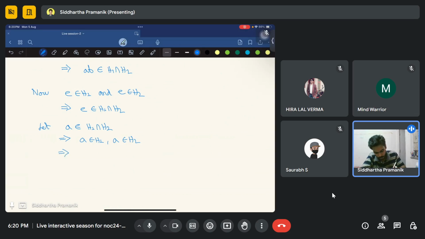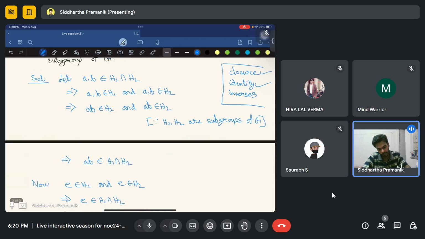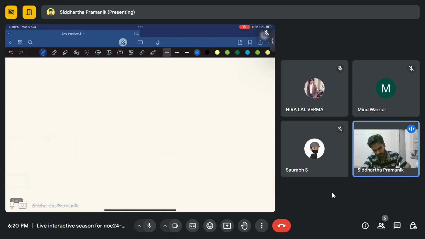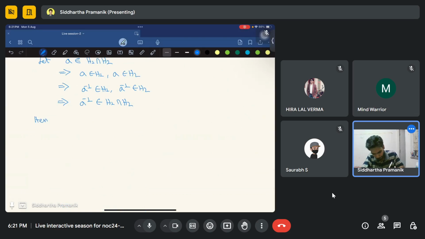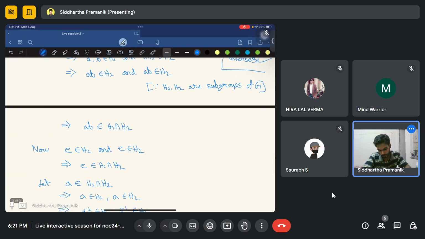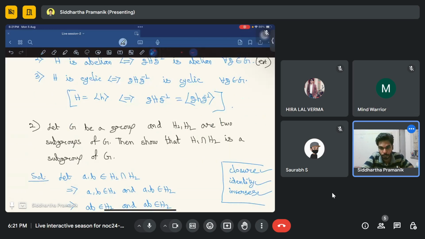And since they are subgroups, their inverses belong to H1 and also belong to H2. So that means a inverse belongs to this intersection. So finally, the inverses property also holds. So this is a subgroup. So hence H1 intersection H2 is a subgroup of G. Okay, I hope the proof is clear.